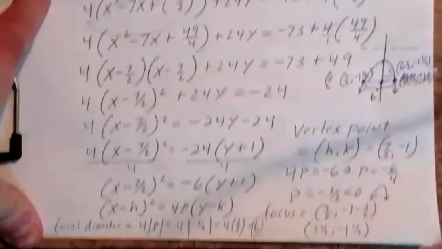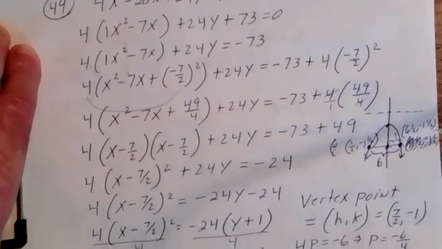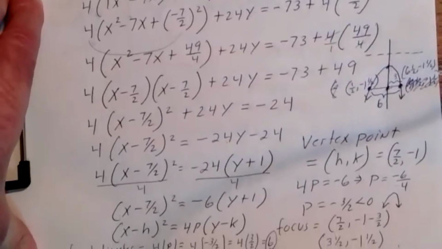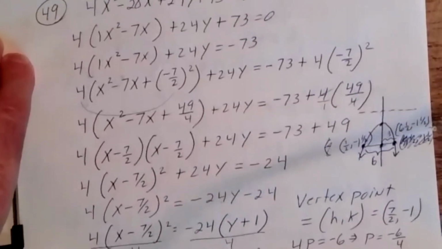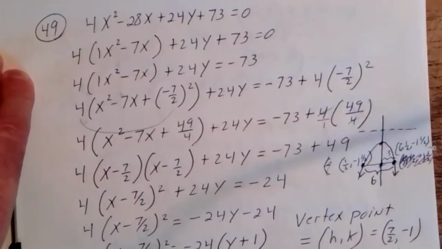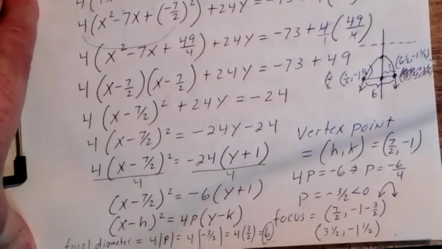But the main thrust of this problem is completing the square on x. Any questions how we completed the square on x, ladies and gentlemen? Does that make sense? Completing the square on x.